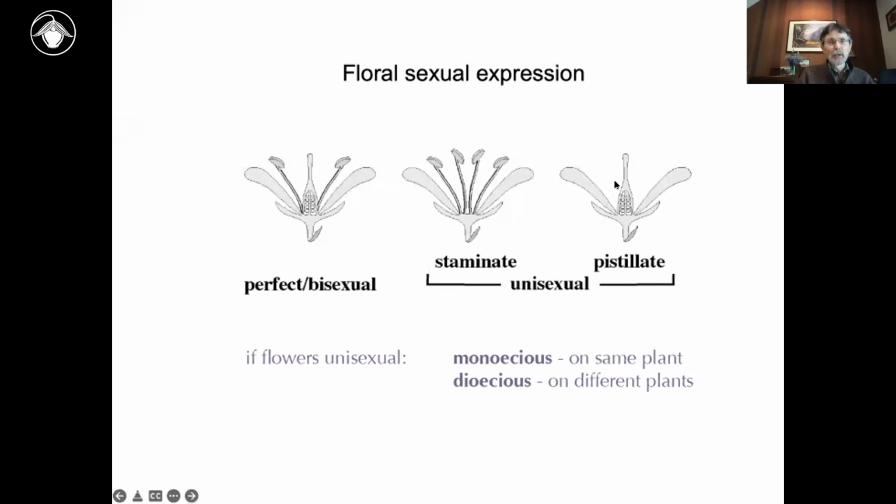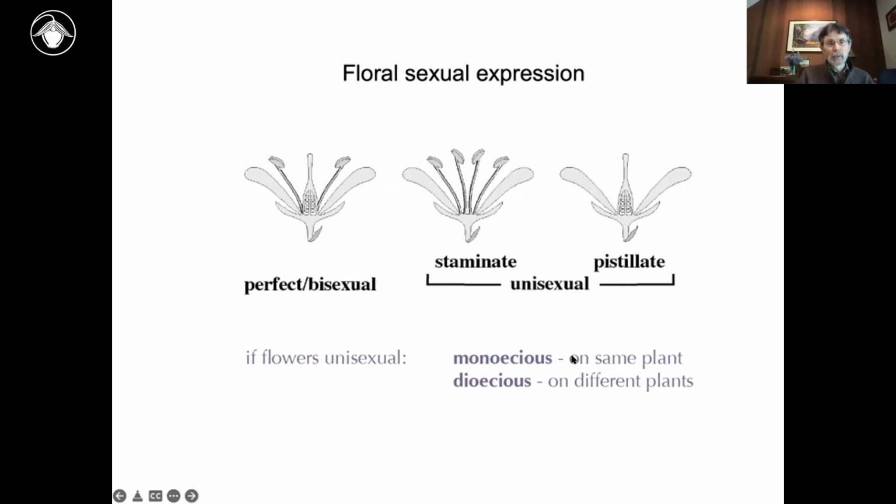Sometimes the other fertile appendages are present, but they're just not functional, or sometimes they're gone altogether. But we also refer to these as unisexual flowers. And if the flowers are unisexual in a given species, there's a couple of ways in which those flowers can be present on the plant.